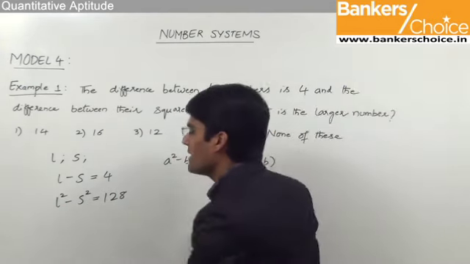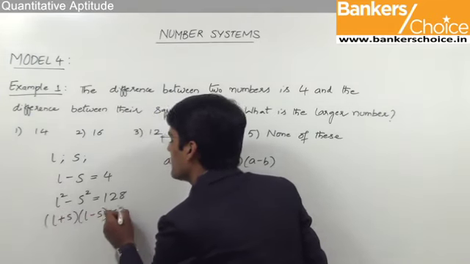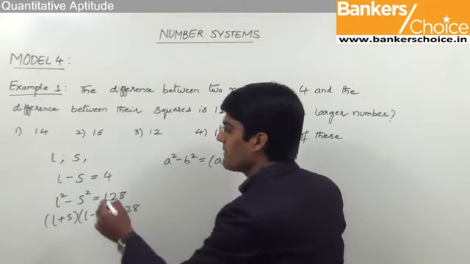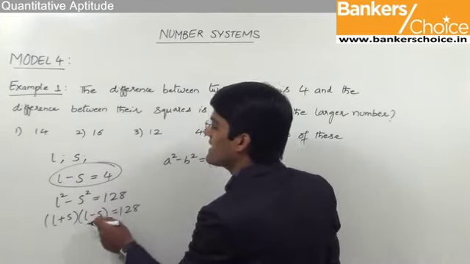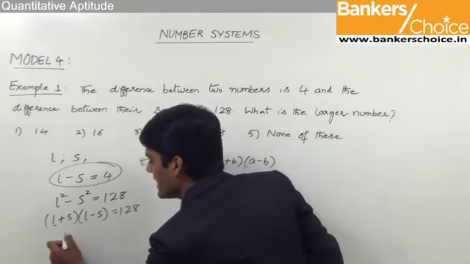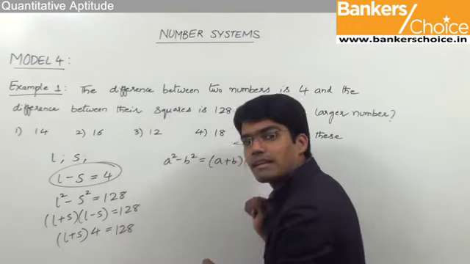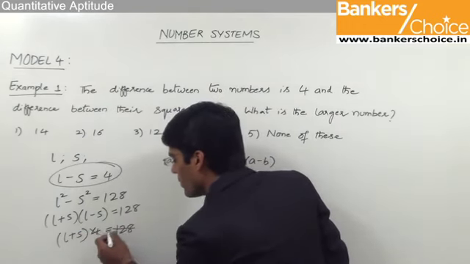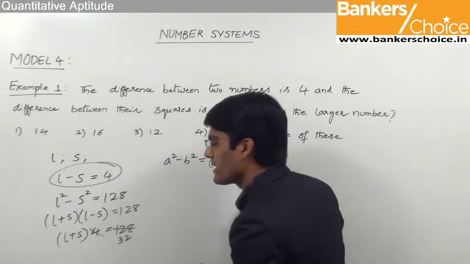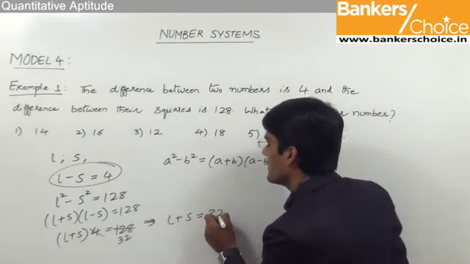So this can be expanded as (L plus S) into (L minus S) equals 128. And from the first point here, we know that L minus S is equal to 4. So by substituting that in this second equation, we get (L plus S) into 4 equals 128. And if we try to simplify this, 4 gets cancelled here, 32 times. So we can understand that L plus S is equal to 32.